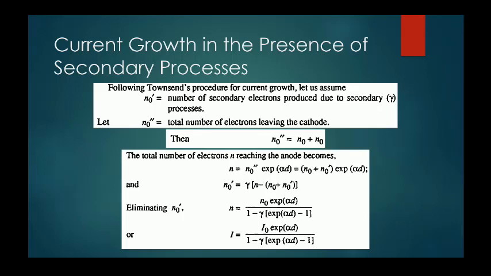Now, if we eliminate N0, we get this expression, where we define I equals I naught times exponential alpha d divided by 1 minus gamma times exponential alpha d minus 1.